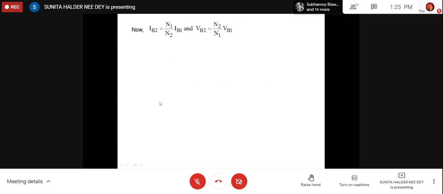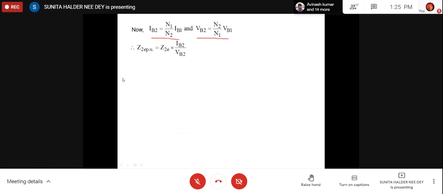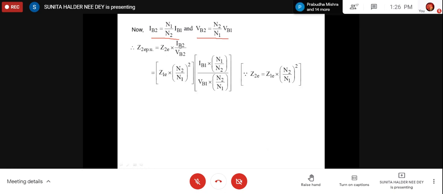Now if we start from Z2E. For a transformer there is a basic relation: MMF is constant, so N1 IB1 is equal to N2 IB2. Similarly, voltage per turn will be the same, that means VB1 by N1 must be equal to VB2 by N2. This relationship is valid for a transformer. Then if we start from Z2E per unit, which is Z2E into IB2 by VB2, we may replace IB2 and VB2 by these equations, and Z2E by Z1E into (N2 by N1) whole square.